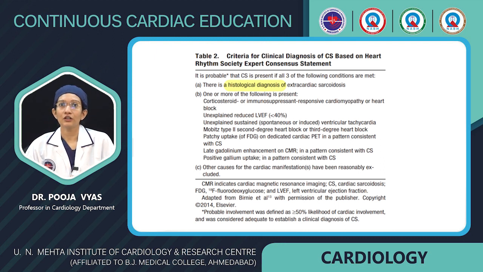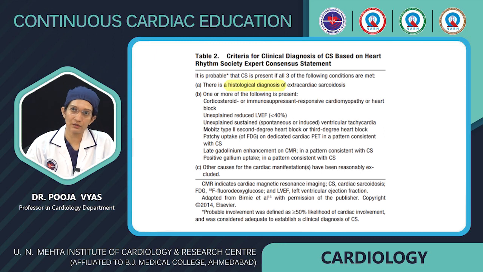Second, one or more of the following should be present: immunosuppressant responsive cardiomyopathy or heart block, unexplained reduced ejection fraction less than 40%, unexplained sustained ventricular tachycardia, or type 2 Mobitz block or third degree heart block.